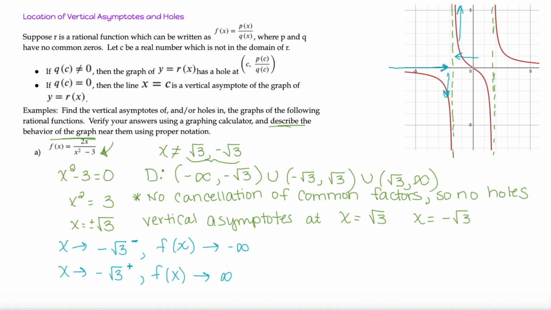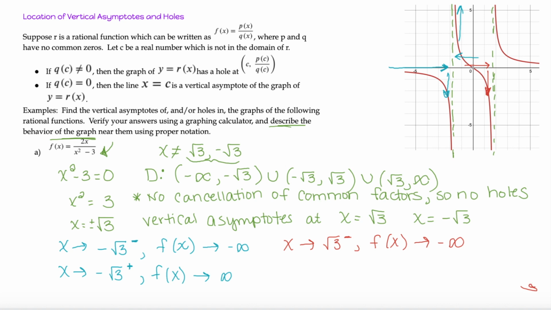Let's look at our asymptote for positive square root 3. So as x is approaching positive square root 3 from the left, our function values are approaching negative infinity because they're getting smaller. So f of x is approaching negative infinity.